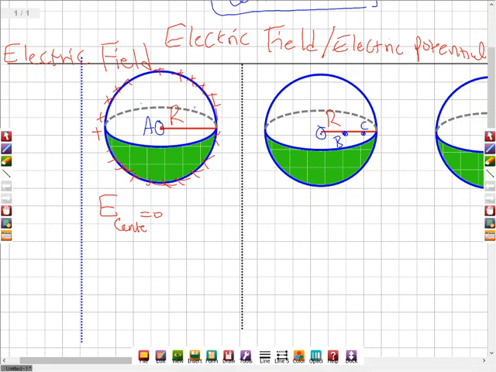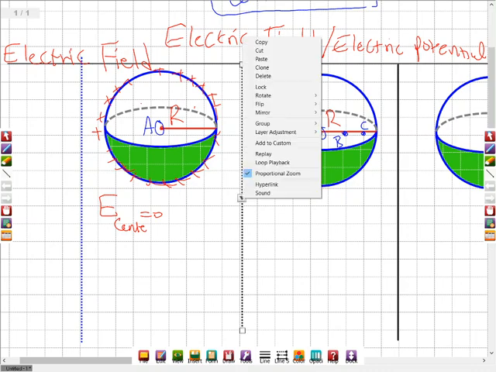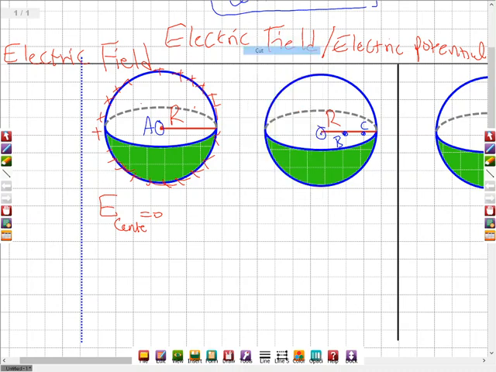The electric field at any point inside the sphere, E at B equals E at C, equals 0.